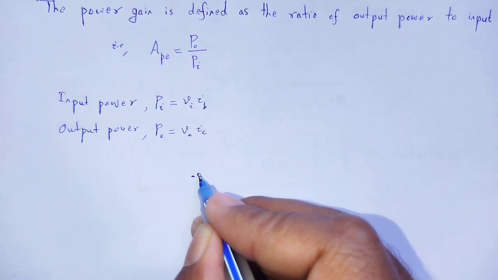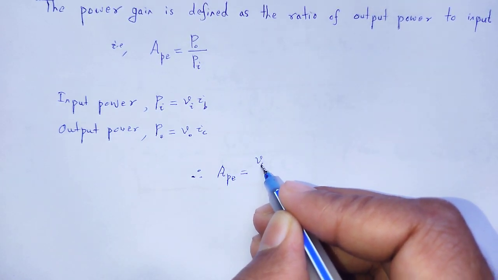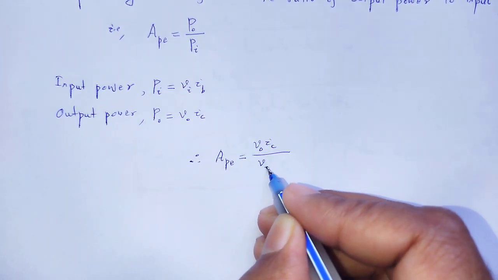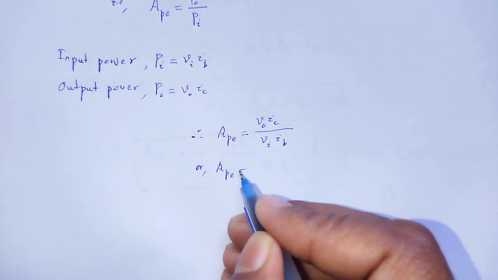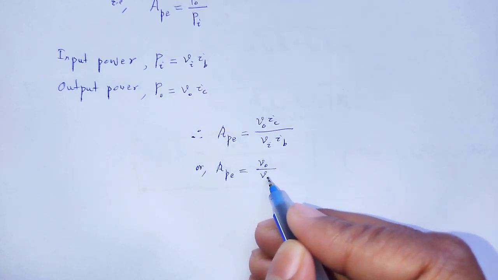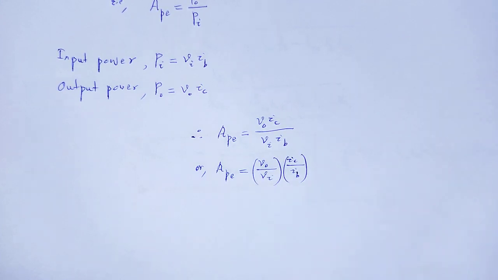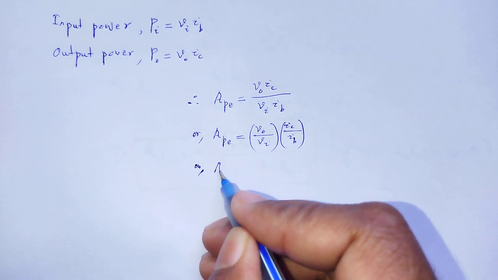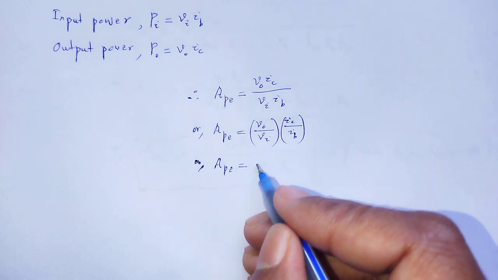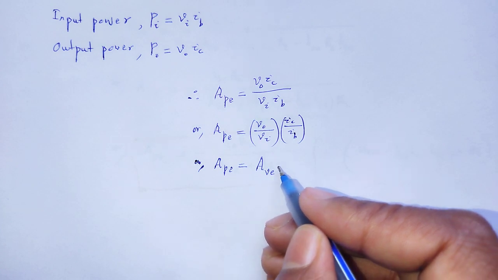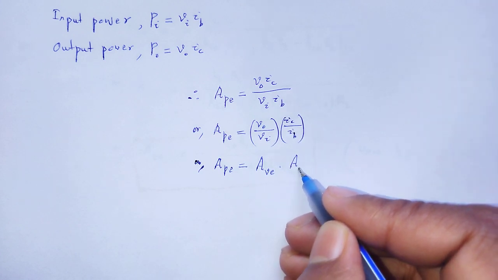Therefore, APE is equal to VO IC divided by VI IB, or APE is equal to VO divided by VI whole into IC divided by IB, or APE is equal to output voltage to input voltage, the voltage gain AVE, times output current to input current, the expression for current gain AIE.